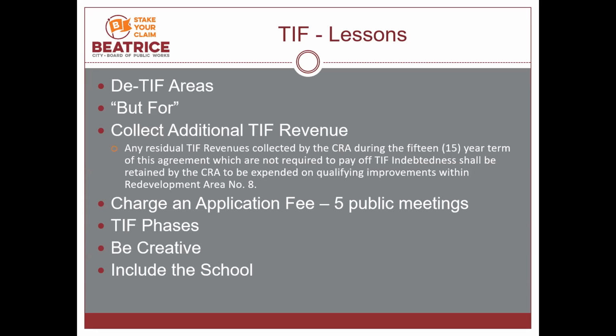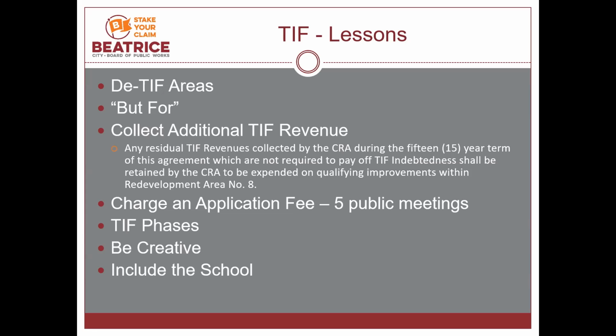TIF phases, something we've learned how to use here. Essentially what the phasing allows you to do is make sure that each lot gets their 15 years of redevelopment time. So Hannibal View, you take that one with 33 lots, there's no way the city's going to build those out in 1 year. We're not growing that fast.